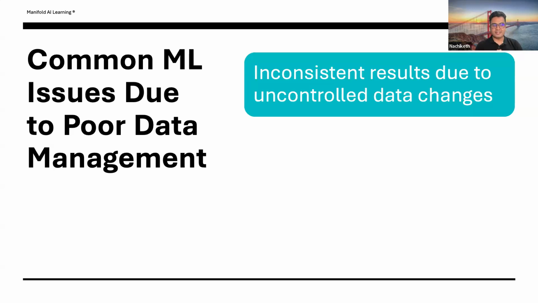Think of a machine learning pipeline: during pre-processing I do some set of activities, and once I've learned that pattern, maybe when I'm performing the prediction the data structure might change. If inconsistent changes happen in the pipeline at each step, that is going to result in inconsistent results.